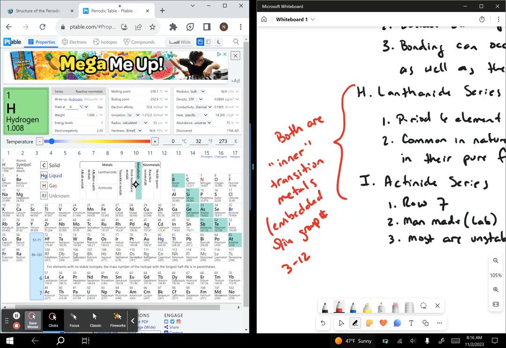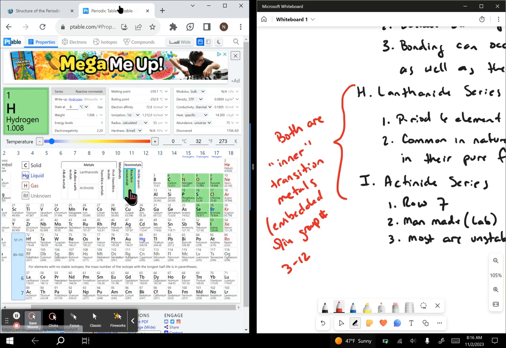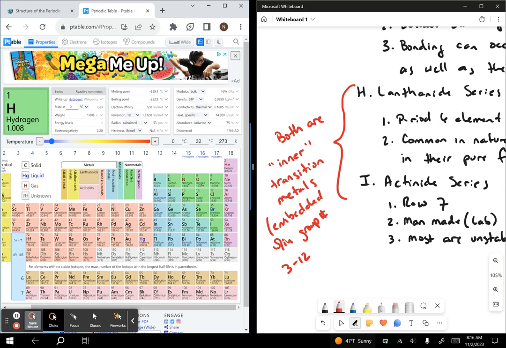Your metalloids produce that jagged line separating metals from nonmetals. Here's your nonmetal group. You have your reactive nonmetals, and then you have your noble gases, which we'd have to scoot that way. These are your noble gases. So reactive, noble, all that together are your nonmetals. All right, hopefully that helps, and we'll talk to you soon.